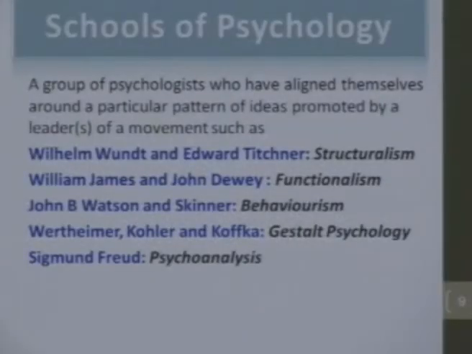When we talk about schools of psychology, we ask what is a school? A school is a group of psychologists who have aligned themselves around a particular pattern of ideas promoted by leaders of a movement, such as the schools in psychology like Structuralism, Functionalism, Behaviorism, Gestalt psychology and psychoanalysis.